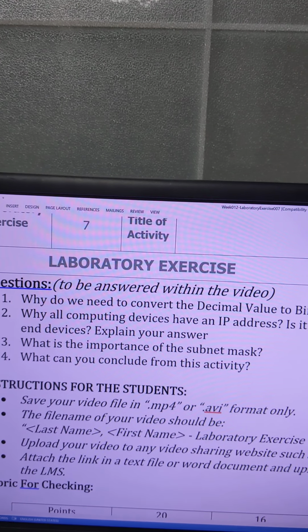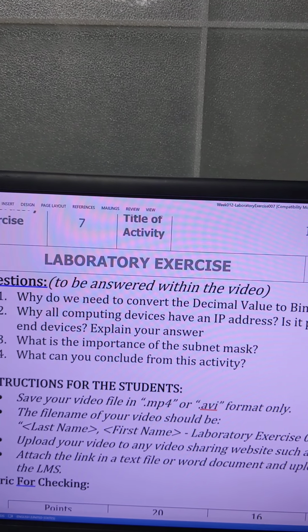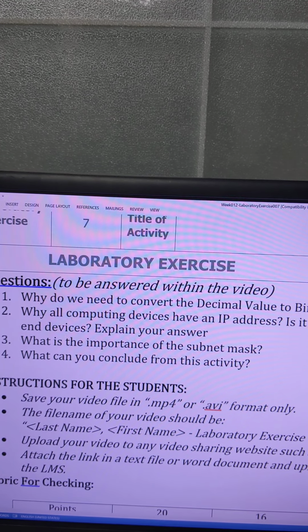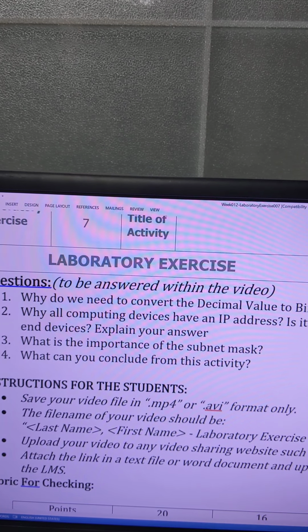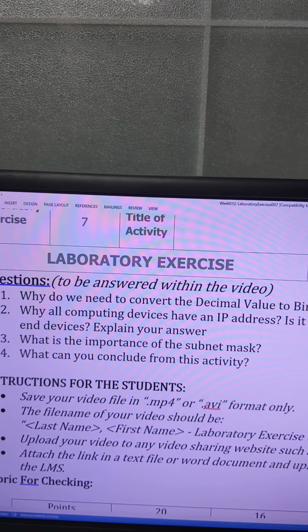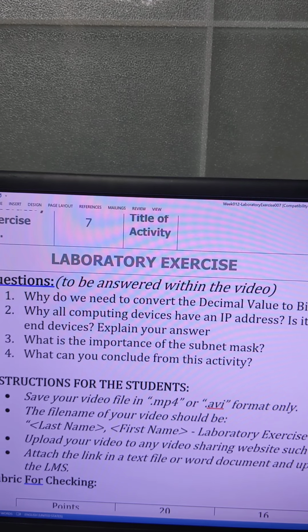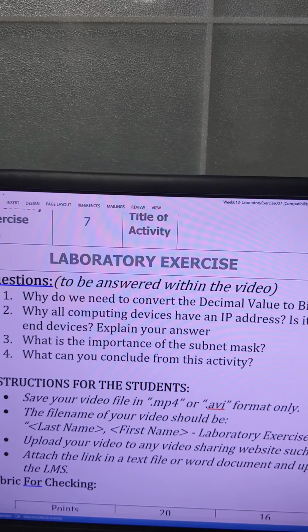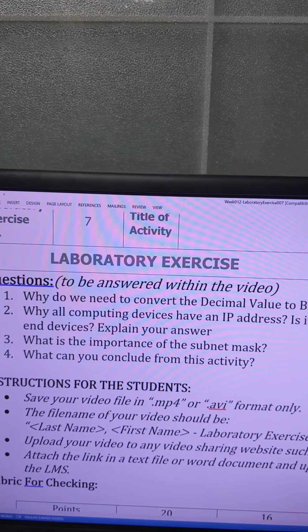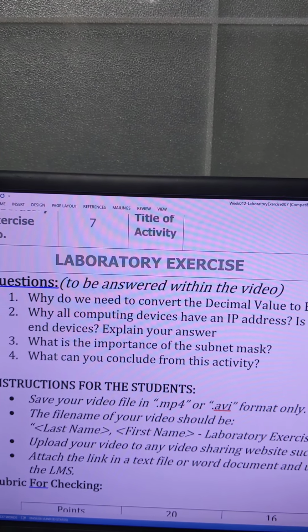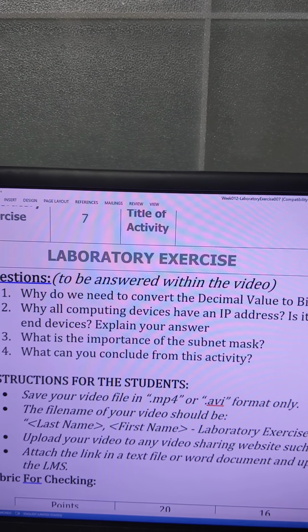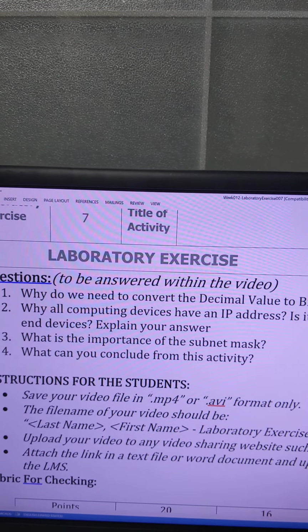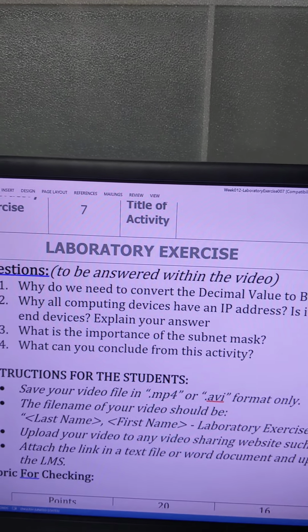Okay, number 3, what is the importance of the subnet mask? Well, the subnet mask is important for us to know or divide the network in usable parts, and also to know which part is the network, which part is the broadcast address, and which part is for the host part.